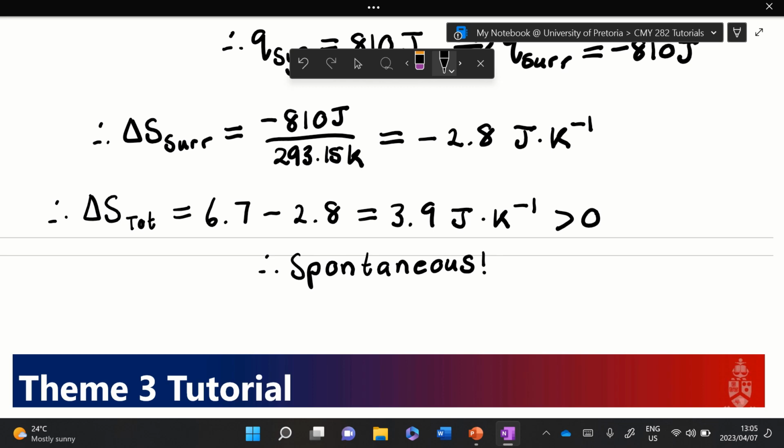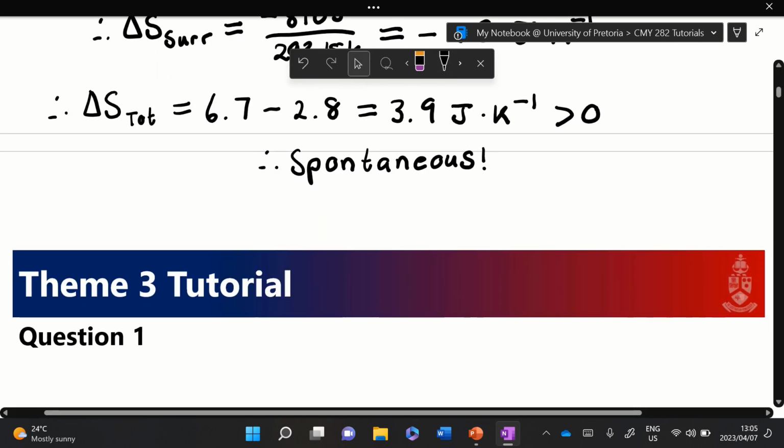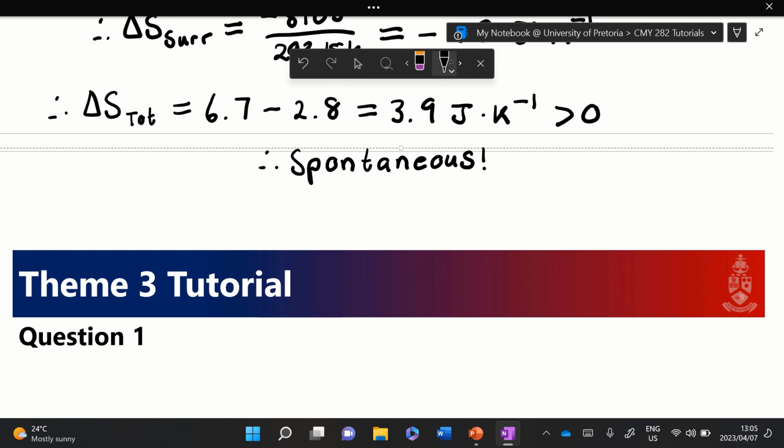And just some more interpretation in terms of that. If we look at the initial parameters, we're given that the initial temperature, because it's isothermal, is 293.15 Kelvin.